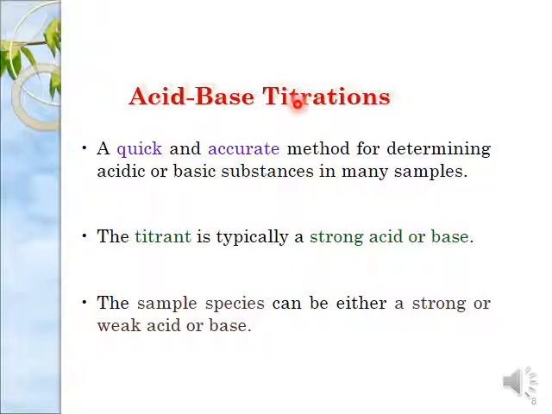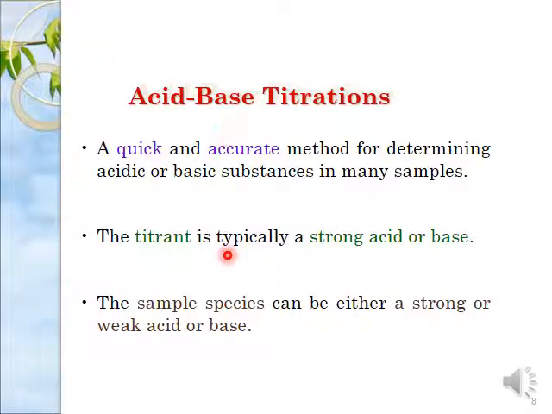Acid-base titration is actually a quick and accurate method for determining acidic or basic substances in many samples. It is a very quick experiment because you only do titration, and it's rather accurate if you prepare the solution carefully and do the titration carefully.